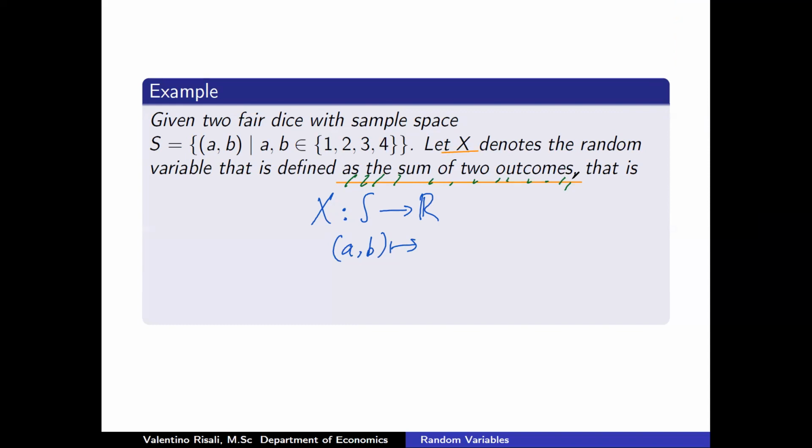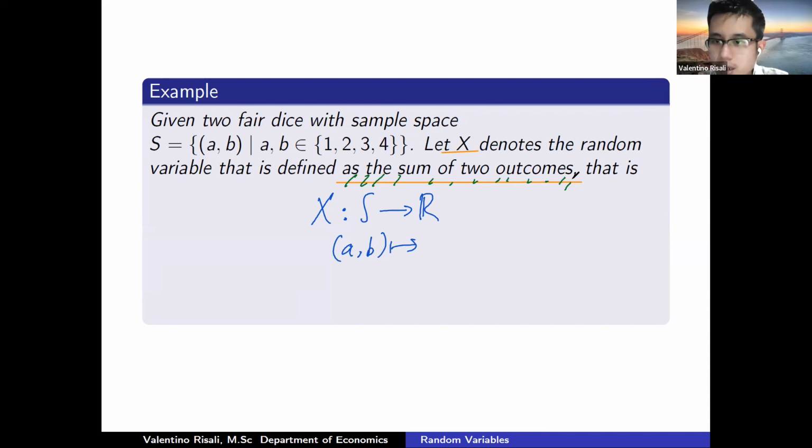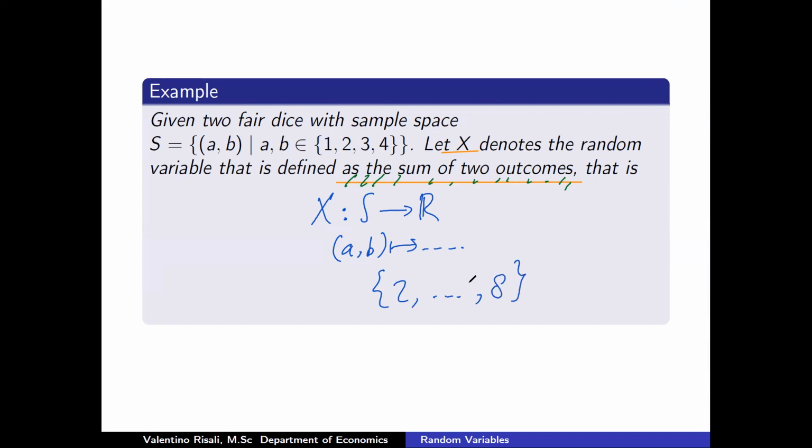Before we go to the set, we must define what is the formula of this function. Is it A plus B? A plus B, right?